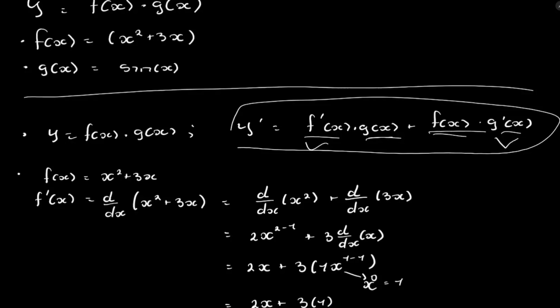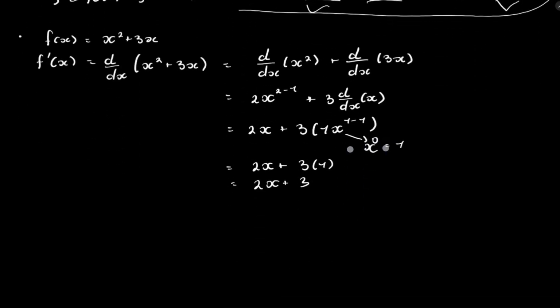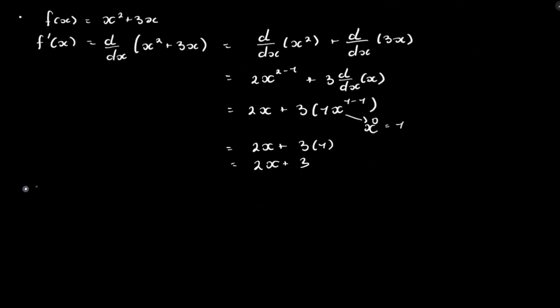So I've gone through the first step of this question, finding f prime of x. This leaves us now with the second step. How do we determine g prime of x? First of all, what is g of x? G of x is the function sine x. This implies that g prime of x is the derivative with respect to x of the function sine x.